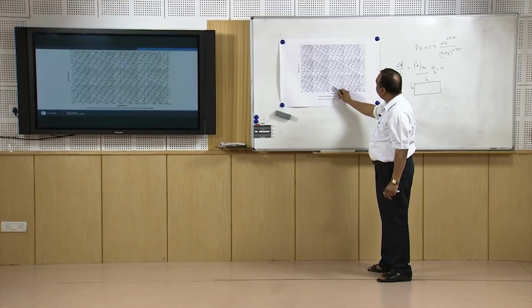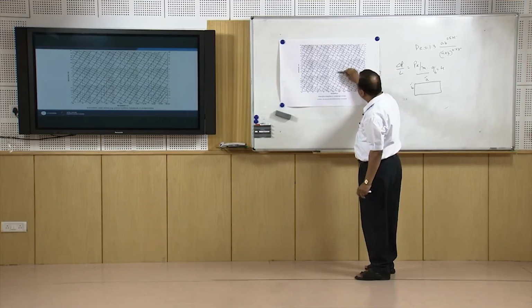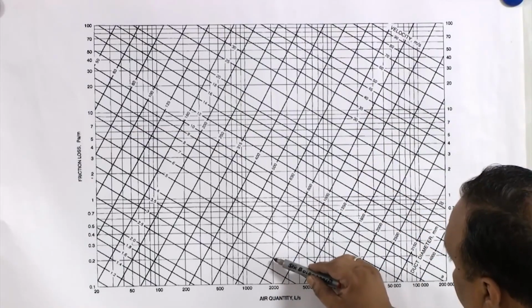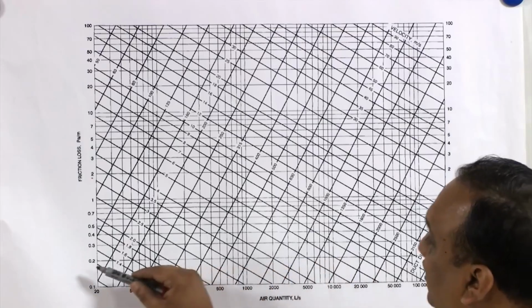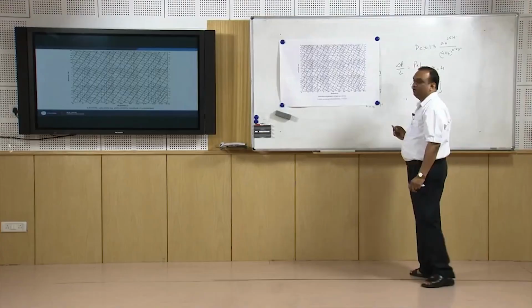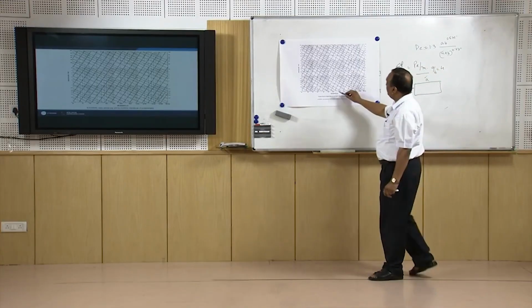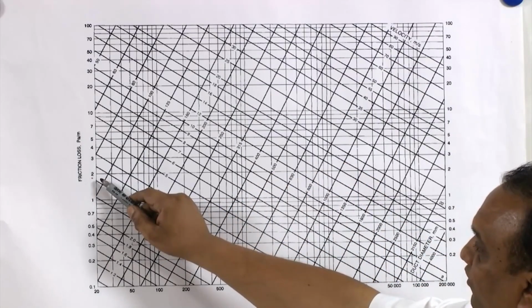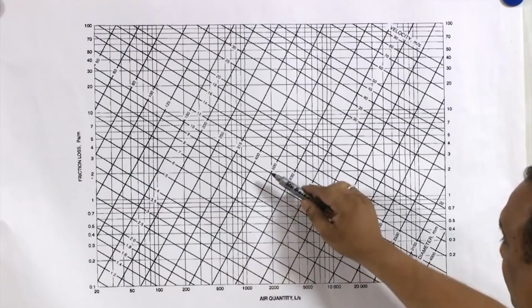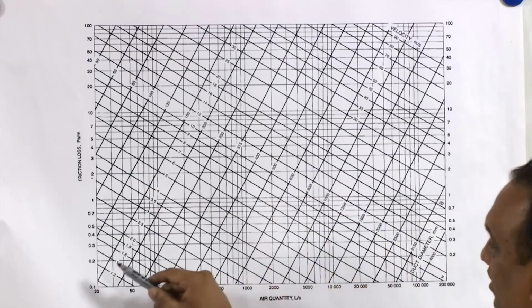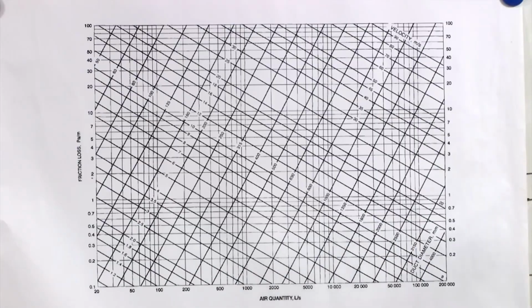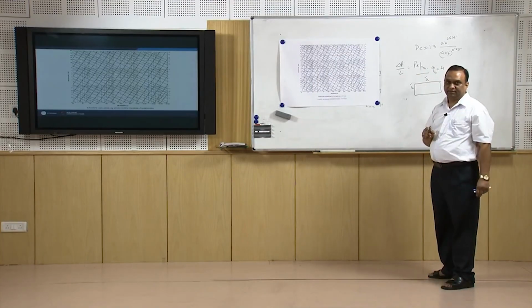Sorry, this is 630, not 830. So, 500 to 630, 630 to 800. If I further increase size to 800, the pressure drop per unit length will be reduced to 0.2. So, starting from 500 millimeter duct for friction drop 2 pascals per meter, if I take 800 mm duct, the friction drop will be reduced to only 0.2 pascals per meter.